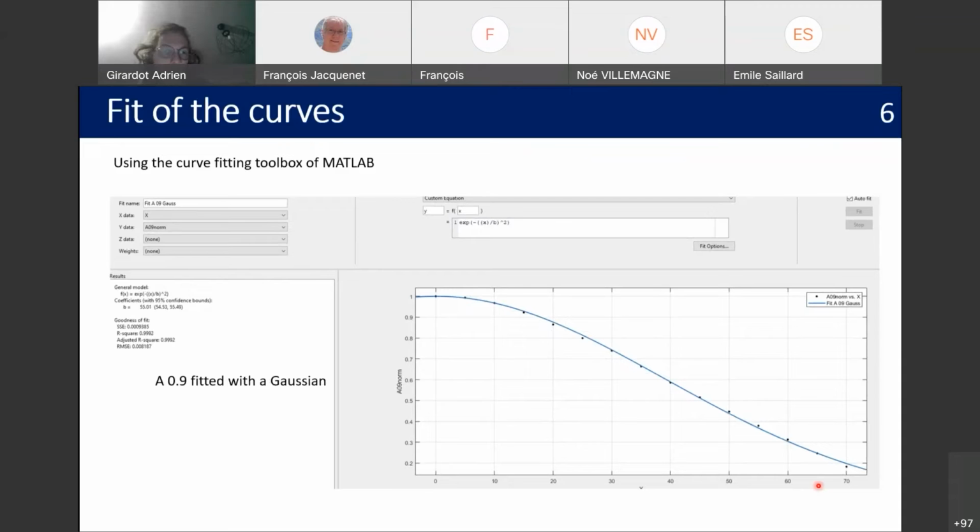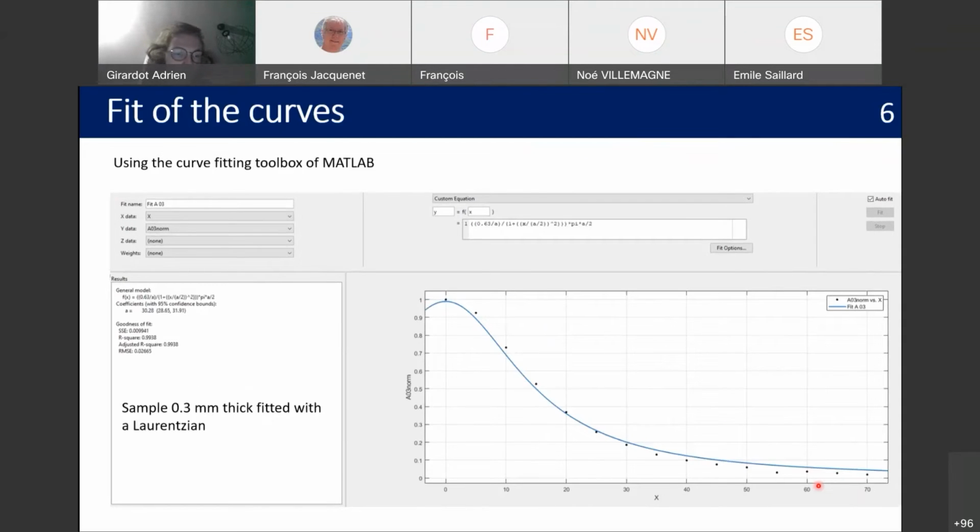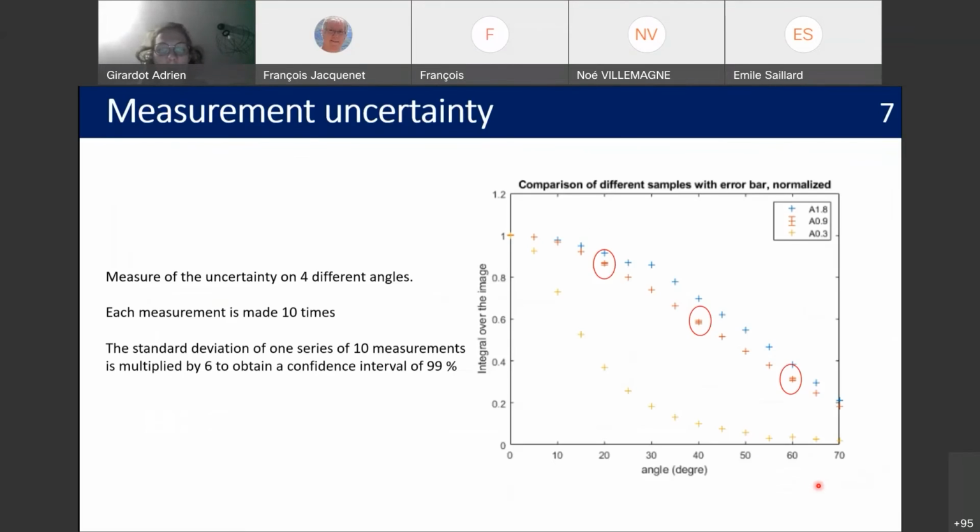So we can think that the model for this one is a Gaussian. And for the thinnest, it's more a Lorentzian that fits our data very well. So as you can see, the model depends on the thickness, and we didn't find a model that fits well on all the samples.